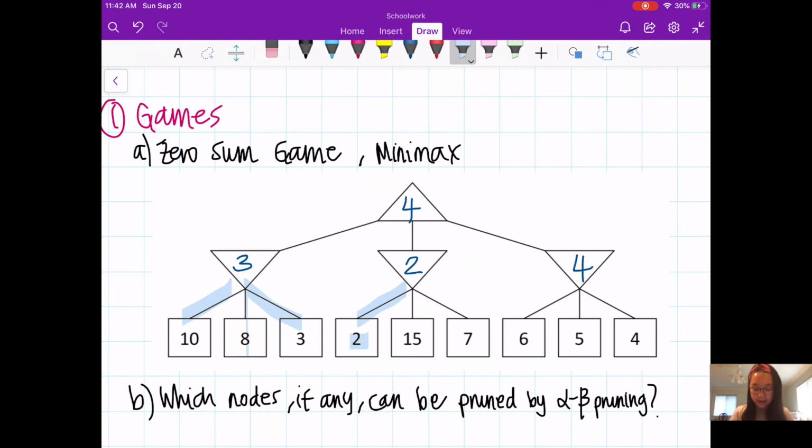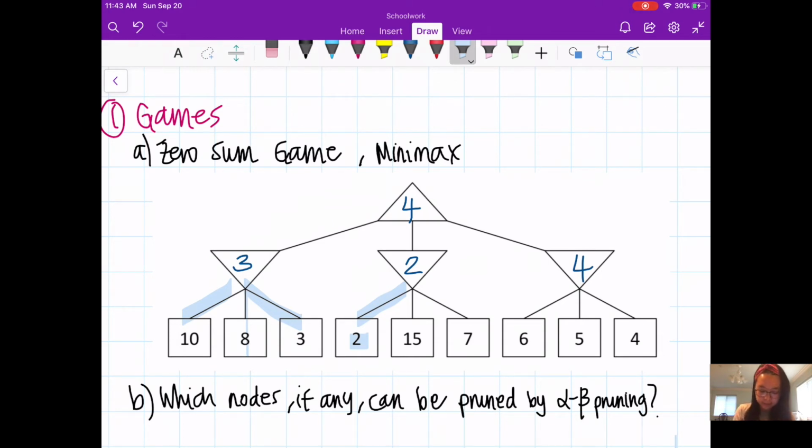Well, you know that this middle layer is a minimum node. So that means that this node can be 2 or anything less. It will specifically be 2 if the other 2 nodes are greater than 2, and it will be the other node's value if one of the other nodes is less than 2. So because of that, you know that the maximum of this minimum node is just 2 already, no matter what the other 2 node values are.